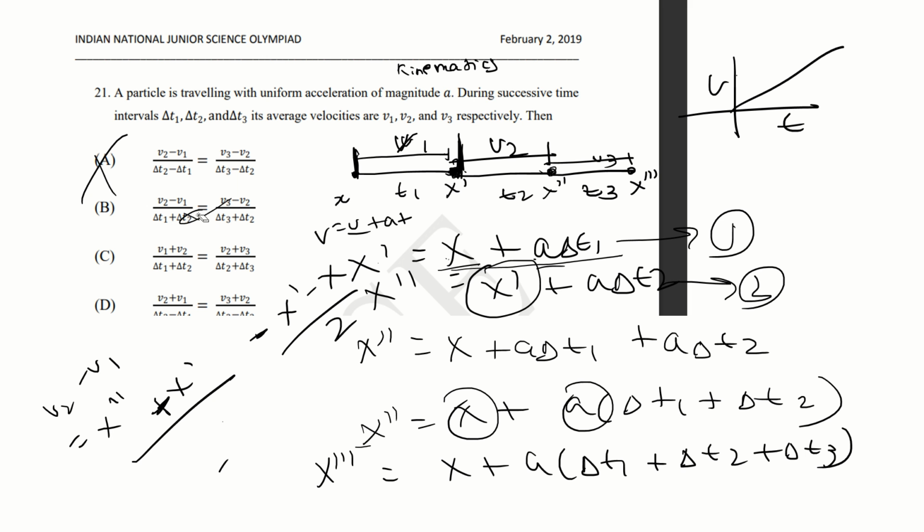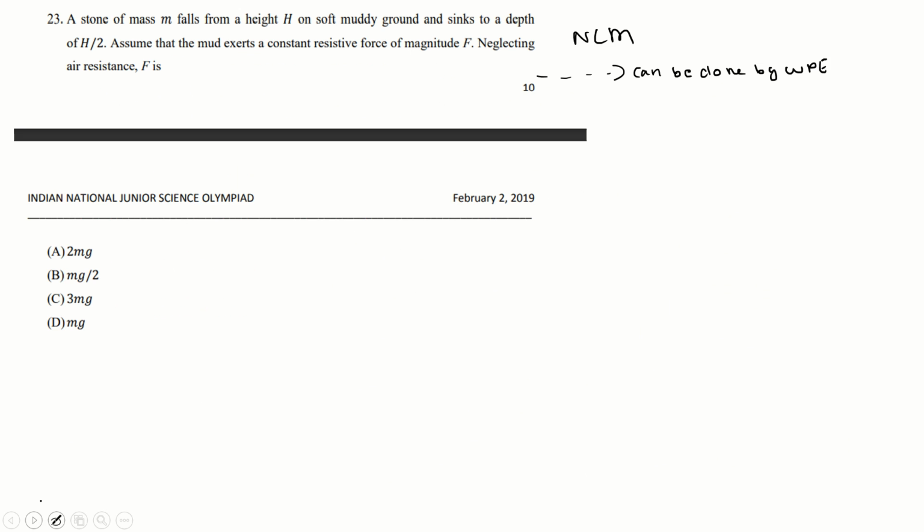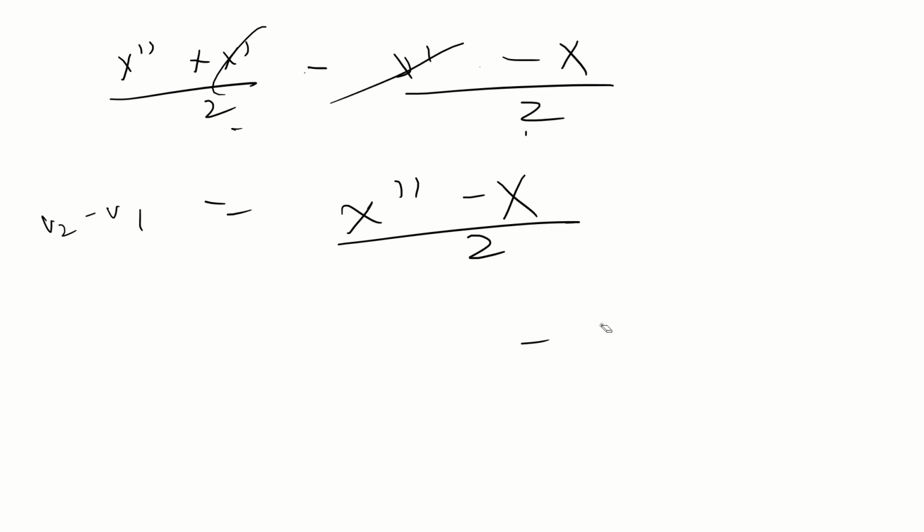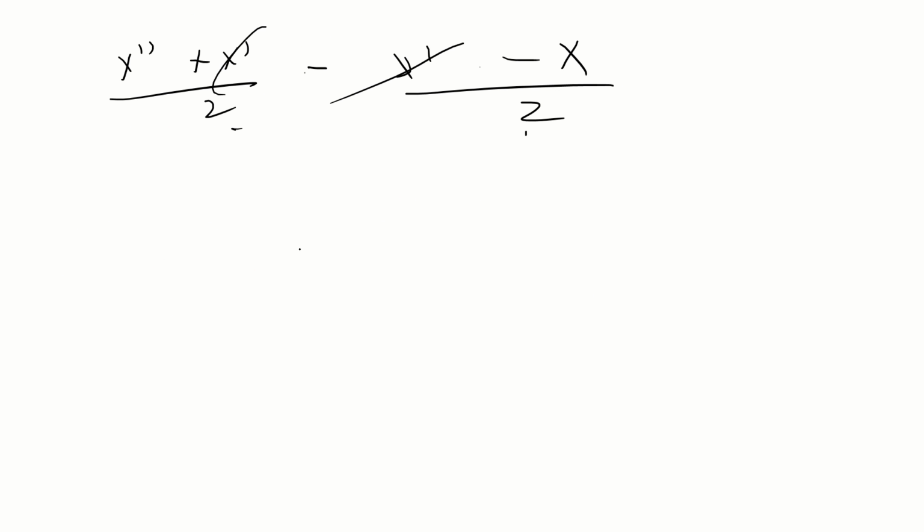Okay, so then we can see V3 minus V2. Let me just clear some space. Actually, let me use a different color, this doesn't look that good. Okay, we'll use this one.